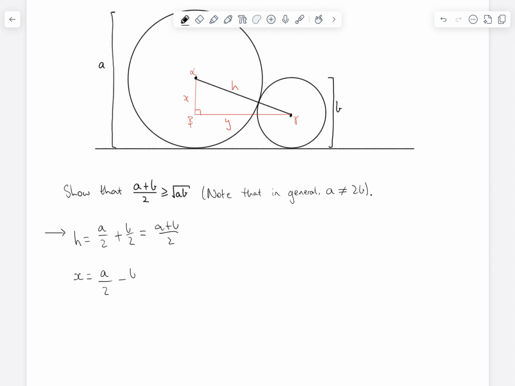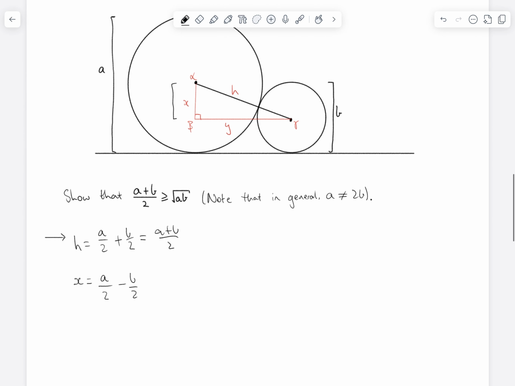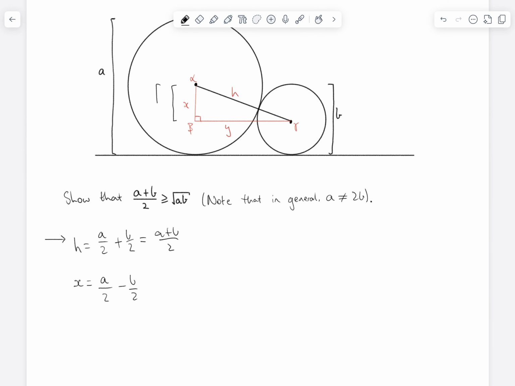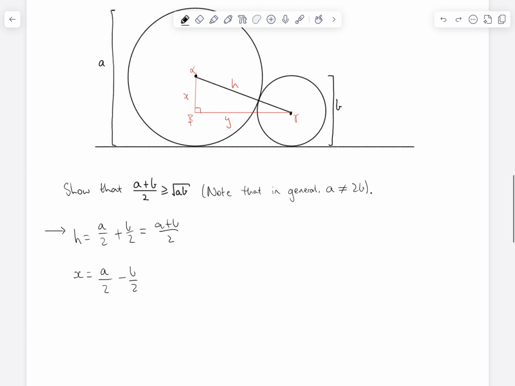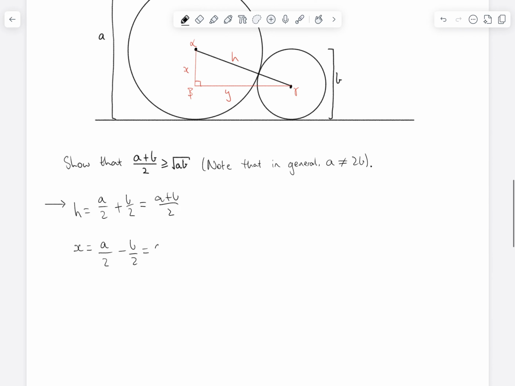Instead of adding b over 2, we're minusing b over 2. So this distance here is x. So what is a over 2? A over 2 is this distance. B over 2 is this distance. And so if we subtract this distance from this distance, we get x, which is left over there. Okay, so we have a over 2 minus b over 2. Simplifying that, we get a minus b over 2. Okay.